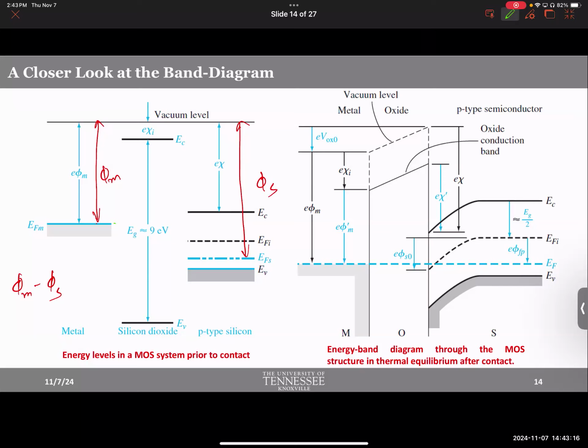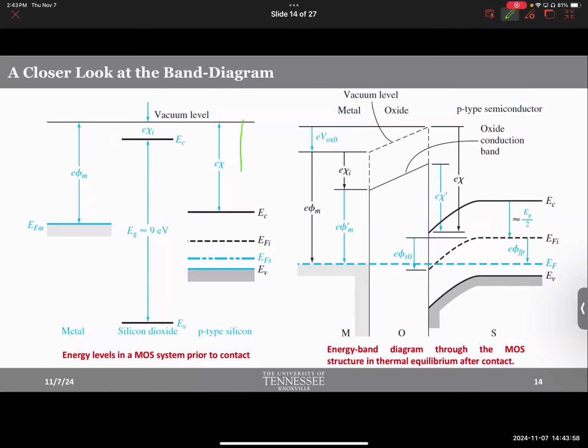These are all drawn to scale, for example. How much is left when you take the difference? You get this much distance, don't you think? If you subtract phi s minus phi m, if you take the magnitude of it, don't worry about the negative sign, okay? Negative or positive, doesn't matter. The difference is this much, don't you think? Work function of the metal, work function of the semiconductor, take the difference, this is the difference. Could you help me find that difference using pure math?